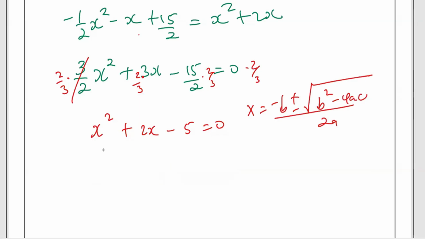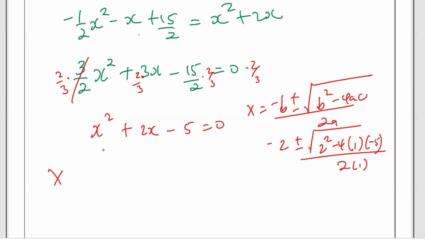Substituting, it's negative 2 plus or minus the square root of 2² minus 4 times 1 times negative 5, over 2 times 1. The first x, to 2 decimals, is negative 3,45. The other x is 1,45.